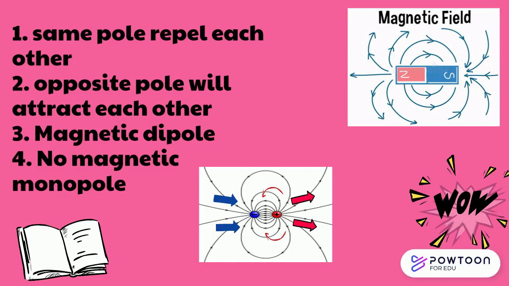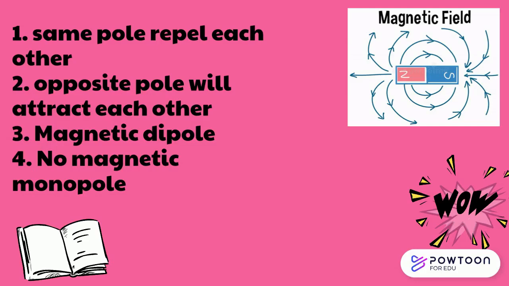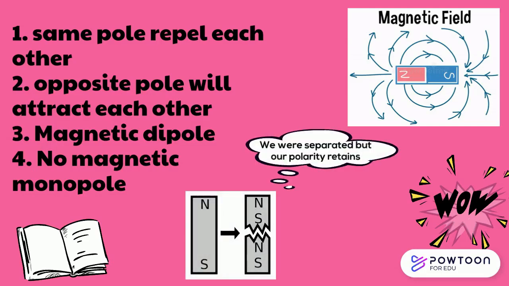But if we move them next to each other, we will have the pattern of an electric dipole. The electric field lines are identical to those of magnetic field lines. But a magnetic monopole does not exist in magnetism or in general science. If a north pole exists, there is also going to be a south pole.